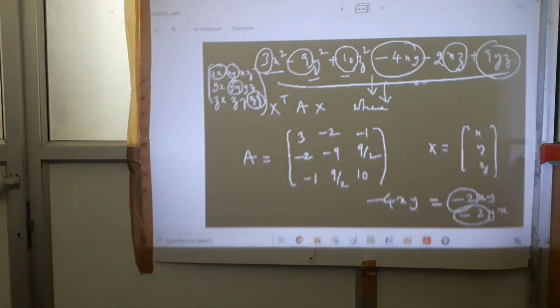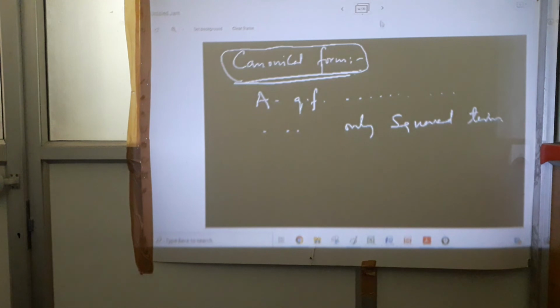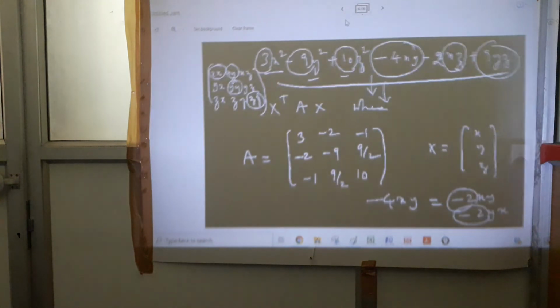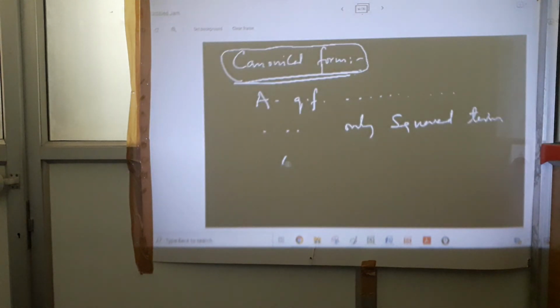Now this quadratic form has product terms, so it is not in canonical form. But this quadratic form can be brought to canonical form by changing the variables. By taking a transformation, we can convert this quadratic form into canonical form. Suppose I write the example 4x1 square minus 9x2 square plus 8x3 square.